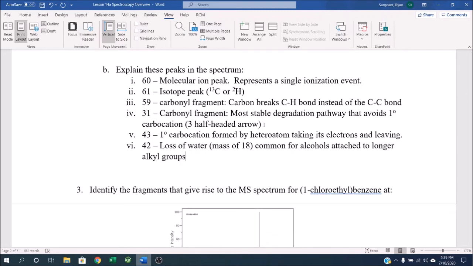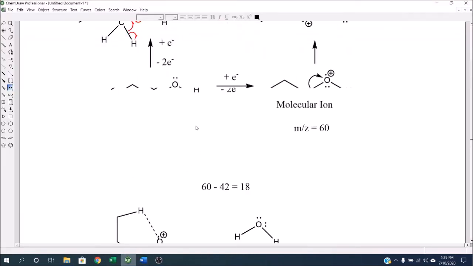And the alkyl group doesn't have to be that long. Ethanol can't do this because the back carbon can't give its hydrogen over to the alcohol, since it's not long enough to form that 5-membered ring. But this is common when you have a longer alcohol like 1-propanol, which is a fairly long alcohol compared to ethanol, I suppose.